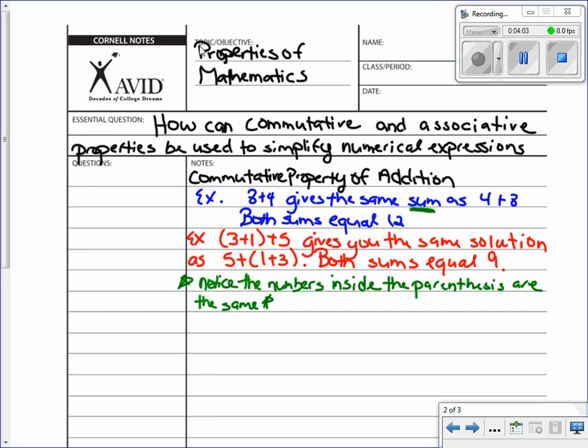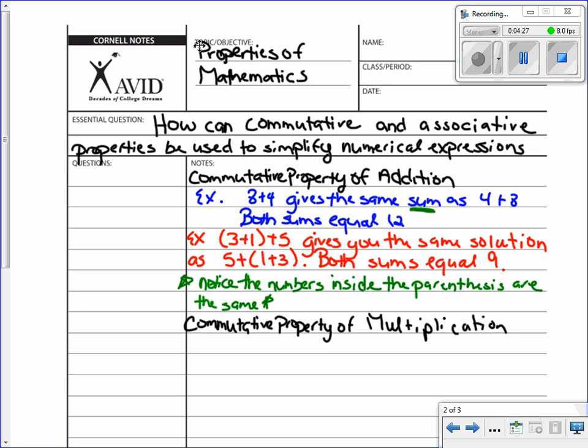We also have the commutative property of multiplication. And this works exactly the same way.